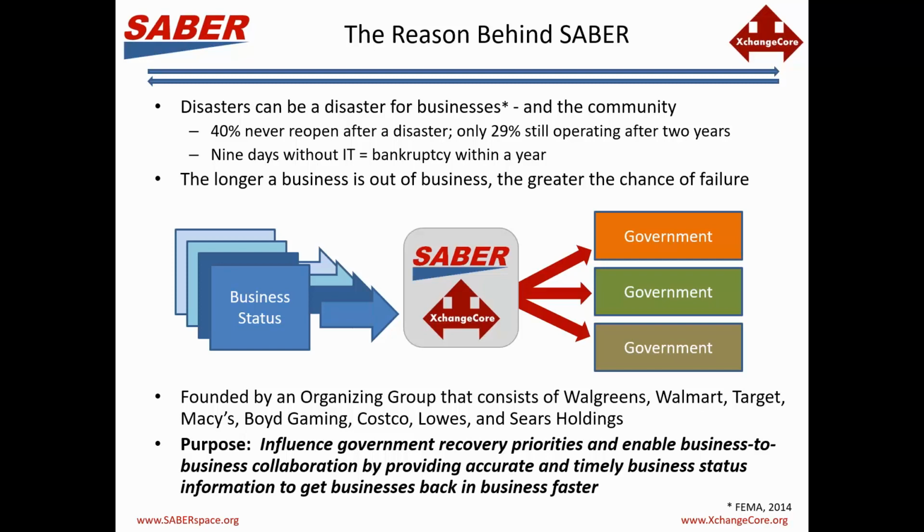On the left-hand side, many of those businesses are engaged in sharing with SABER, making many one-to-many exchanges. So that's the way we move information, and the reason for SABER is to move information in that fashion. You see the names of the companies there that were part of the founding and organizing group.